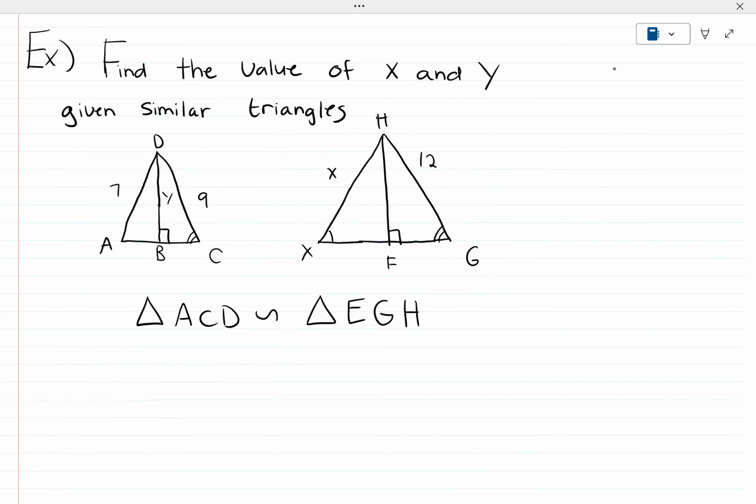So what else do we know about similar triangles? They have two or three congruent angles. And did you also know that their proportions must be the same?